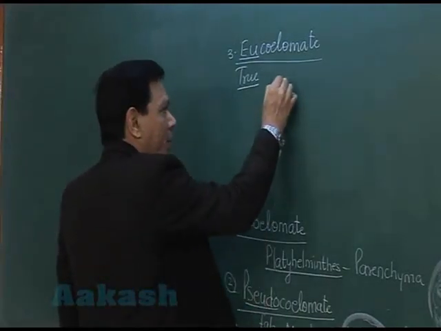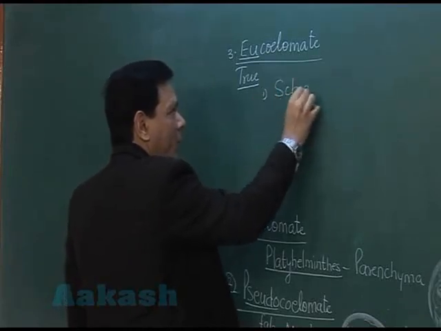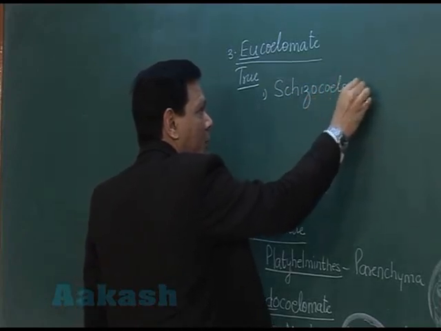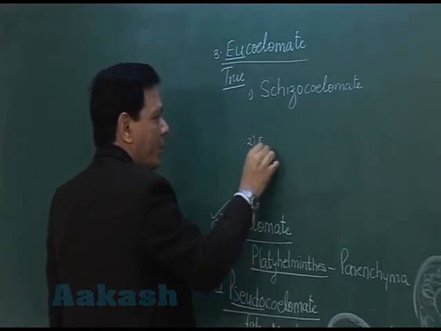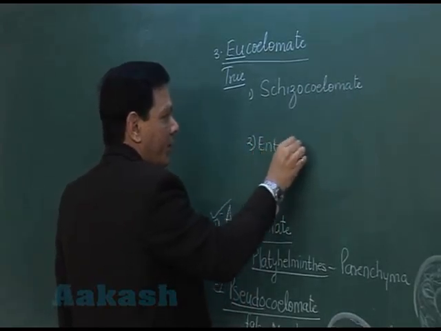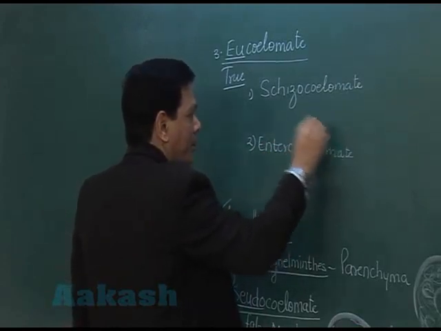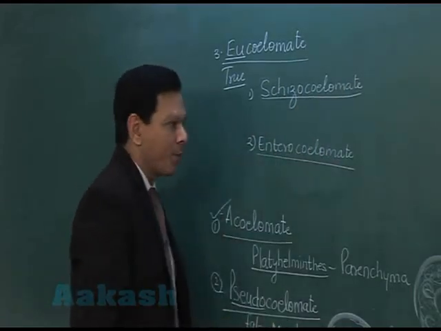Now eucoelomate can further be of two types depending upon the mode of formation of coelom. So it can be schizocoelomate or it can be enterocoelomate.